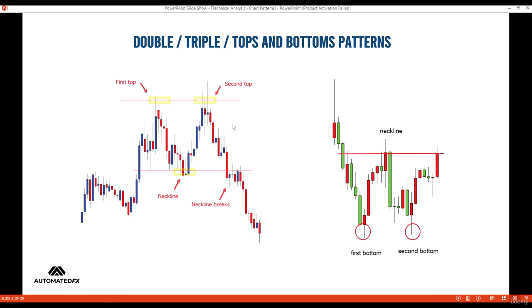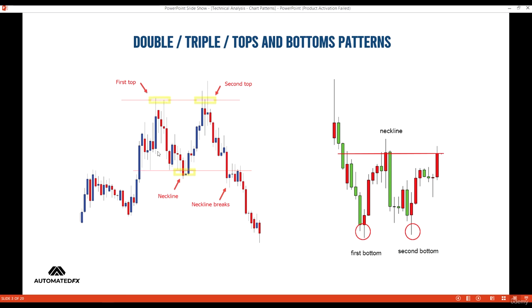Now in the next slide, we're going to look at how the double top and double bottom play out in real life. Remember I said they don't play out so clean. The chart will never be that clean. This is how the double top plays out.